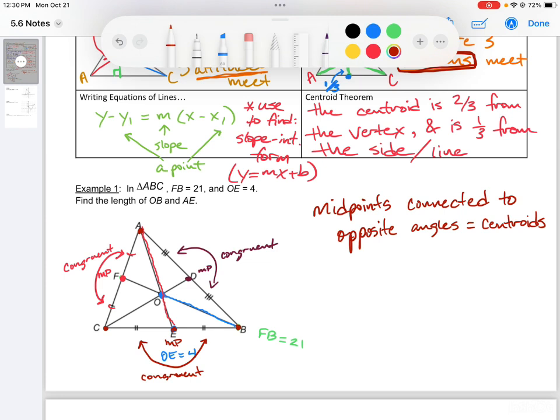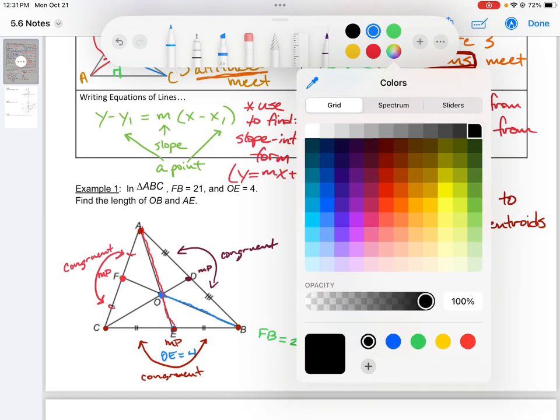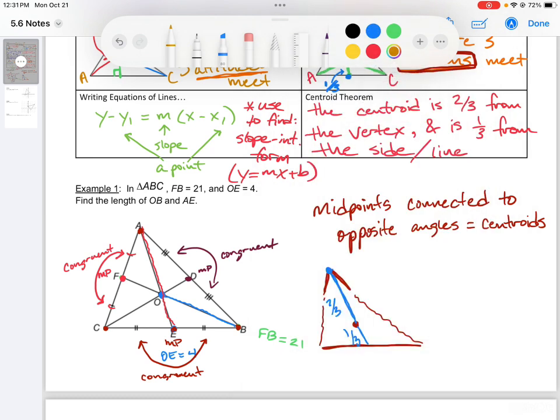And then we have this theorem that if I'm measuring from the vertex to the centroid, let's just say I have a triangle right here. If I'm measuring from the vertex of this angle to the centroid, that's 2/3 of the way. And from the centroid to the side is 1/3 of the way. So with these pieces of given information, I can find out what these remaining median lengths are.